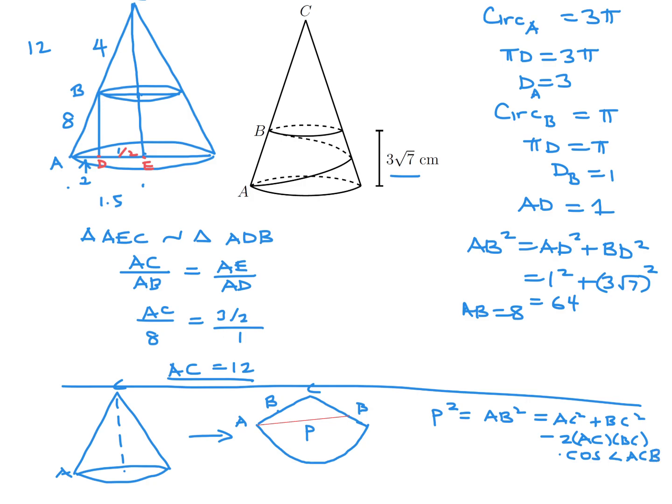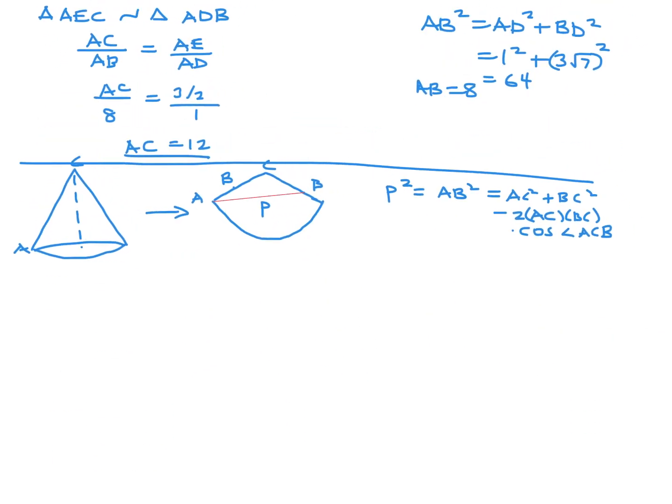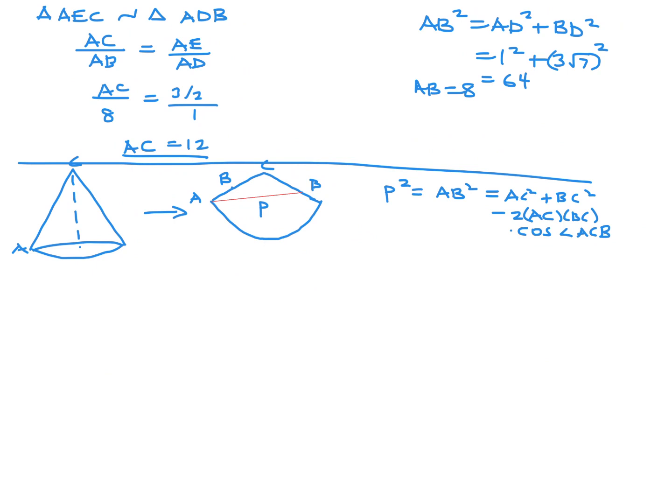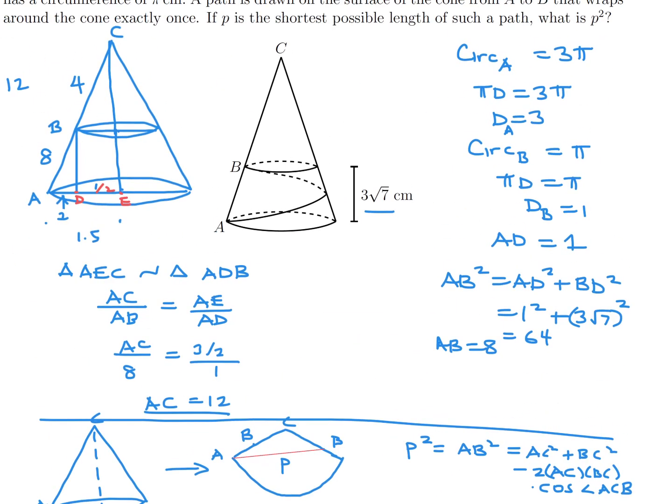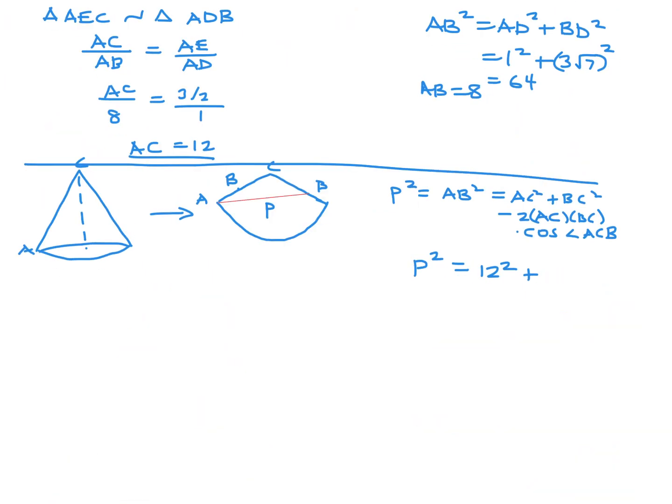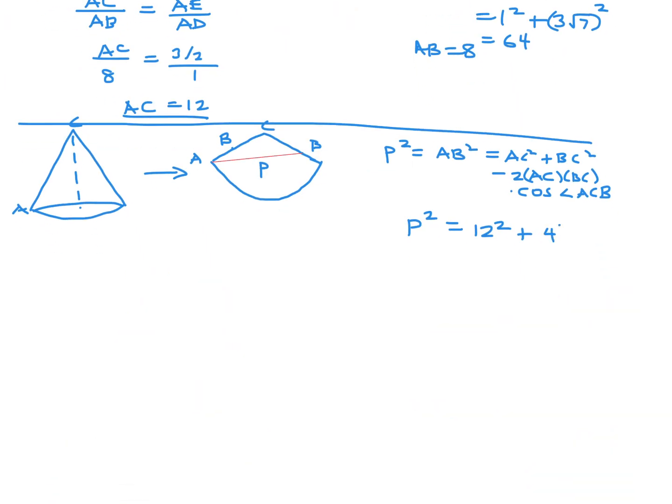Okay, so all of these I think I have except that angle. AC is 12, so I have that. BC, what's BC? BC was 4, right? Yeah, B to C was 4. That's certainly not drawn to scale, but that's okay. And then minus 2 times 12 times 4, and then the cos of that angle. Okay, so the angle I have to figure out.